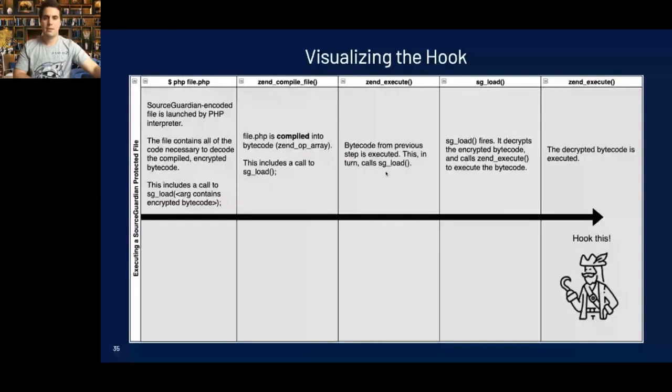SG load fires, and it decrypts the encrypted bytecode and calls Zend execute to execute that decrypted bytecode. So you can see that there are two calls to Zend execute here. We're executing two sets of bytecode. We're interested in the second hook of Zend execute because that is when the decrypted bytecode is executed.